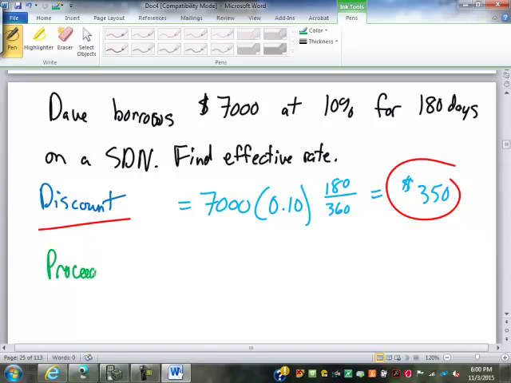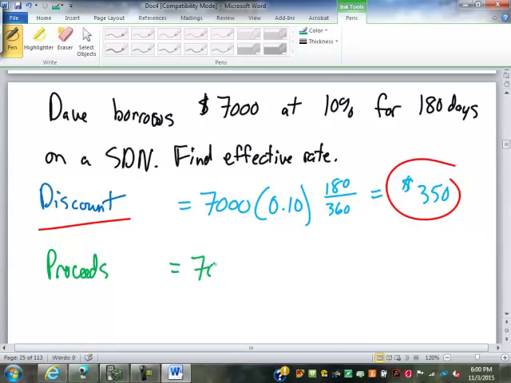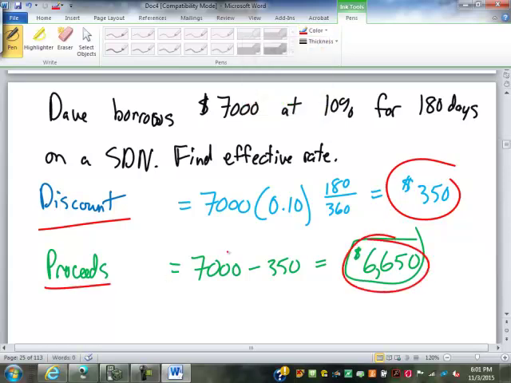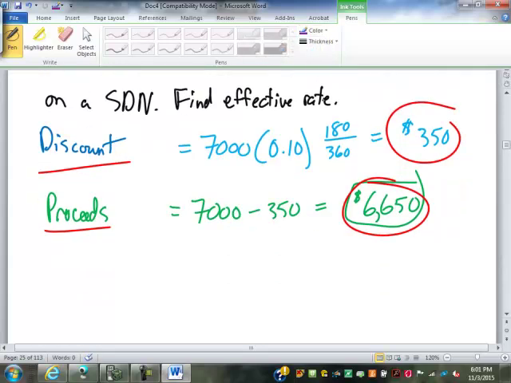Proceeds is simply going to be our face value, 7,000 minus the discount of 350. So $6,650. So now that we have all that, now we can look at finding the effective rate.